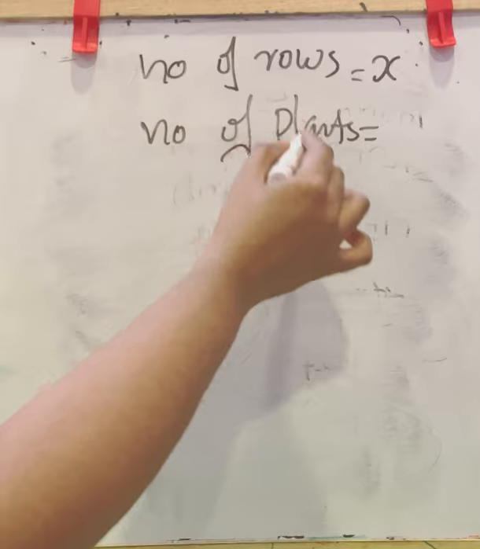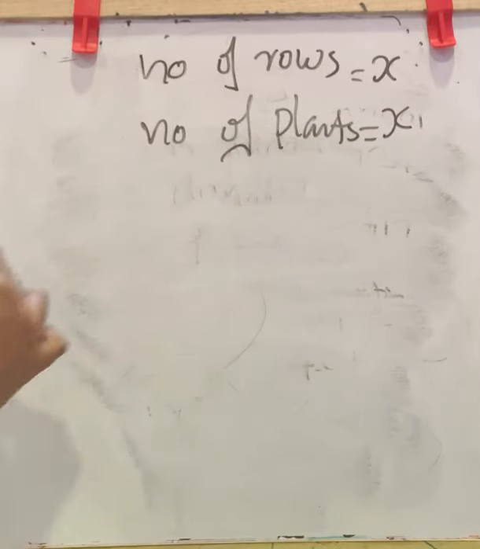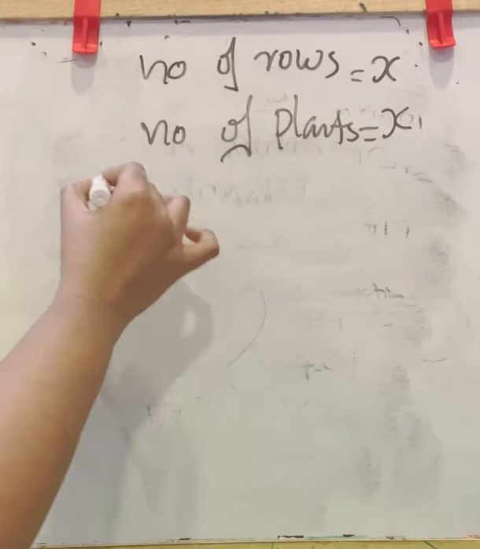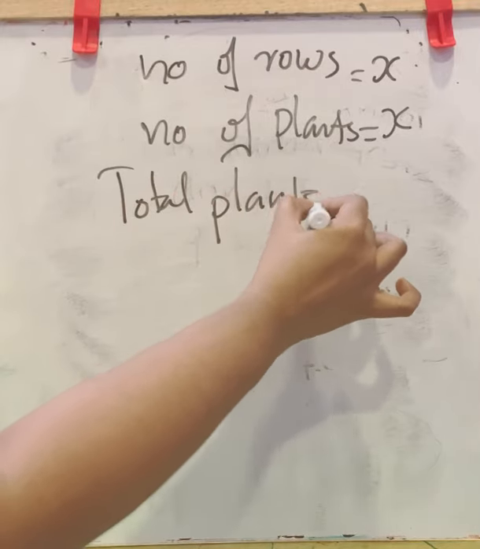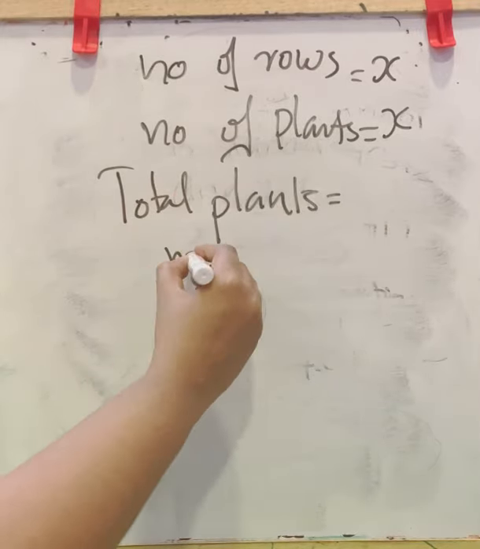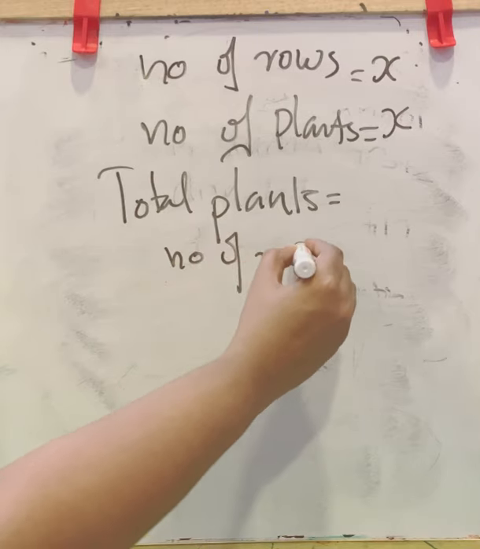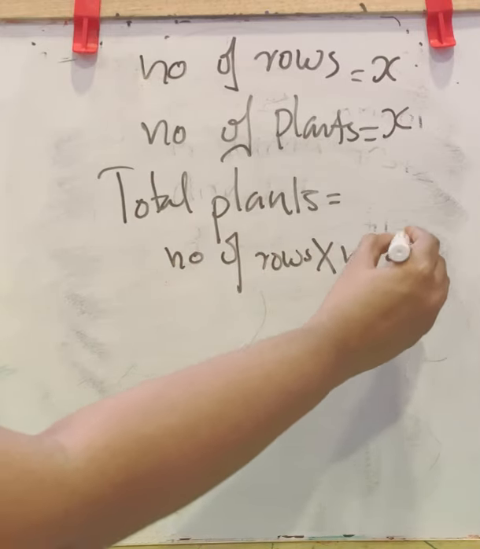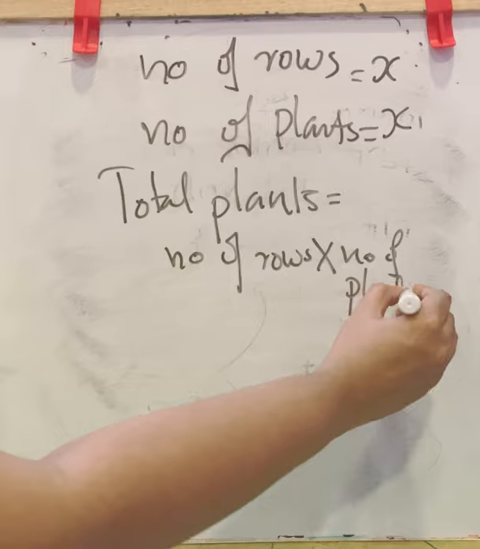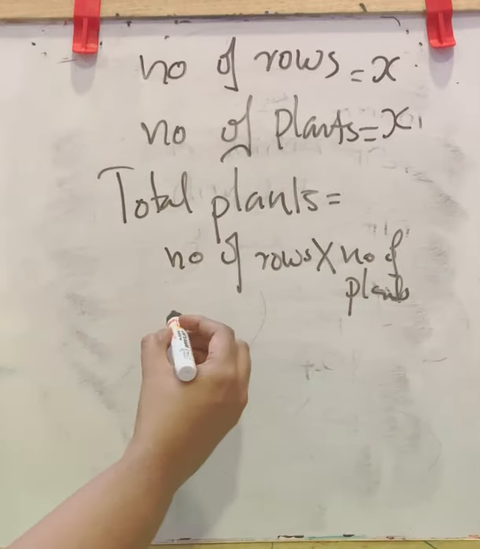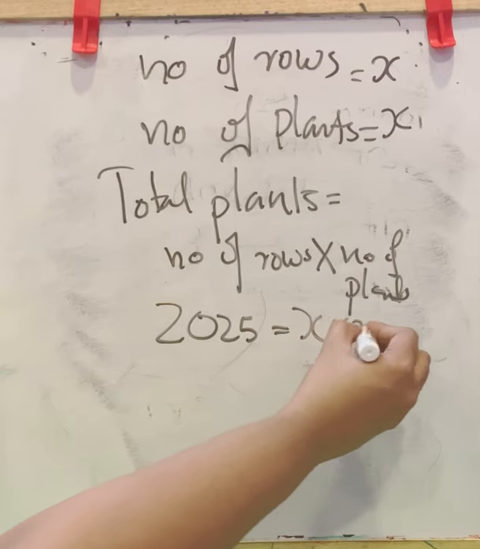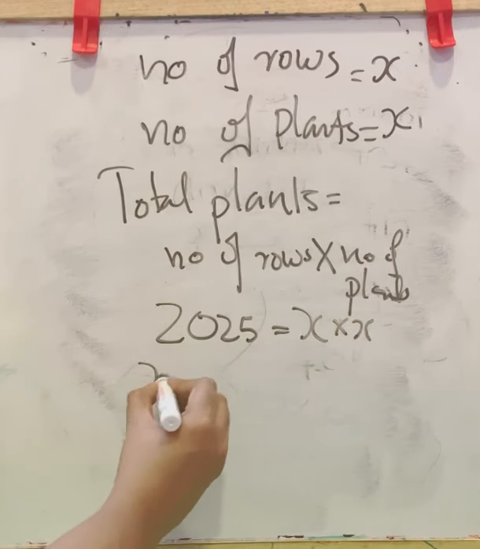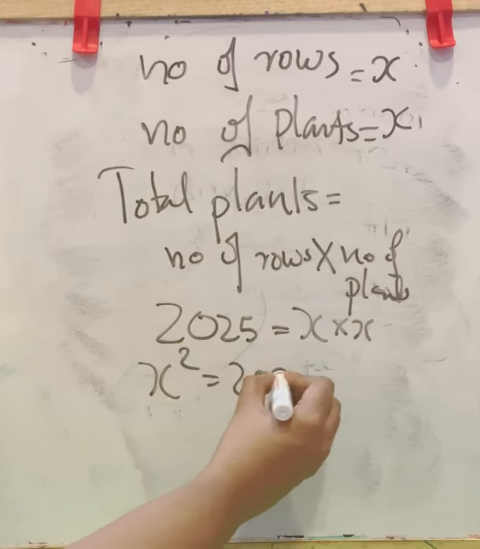If the number of rows is x, the number of plants will be x. So total plants will be number of rows into number of plants. Here the total number of plants is 2025, equal to x into x, that is x square equal to 2025.